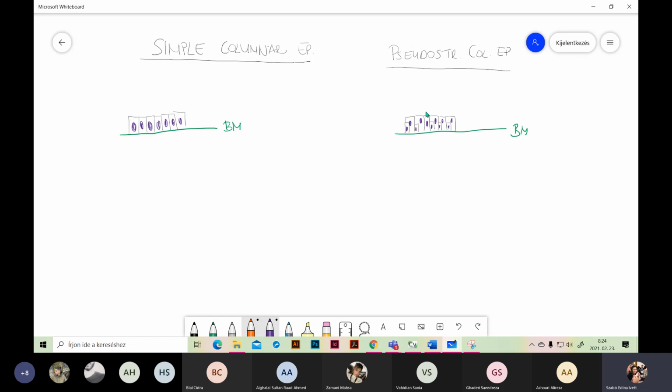And in case of the pseudostratified columnar epithelia, we have an extra cell on the basal part of the epithelium. Do you remember the name of this roundish cell? Do you remember these cells?